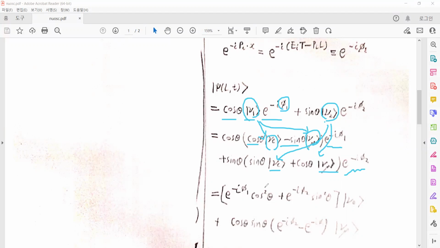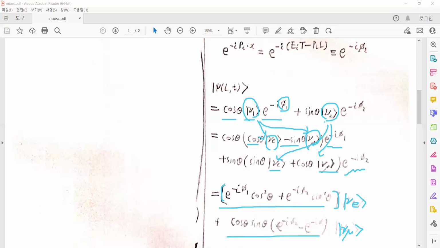If we rearrange by each flavor eigenstate, there are nu e and nu mu, and the coefficient of each term can be represented like that.